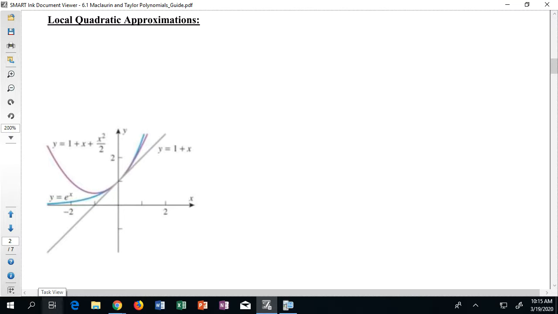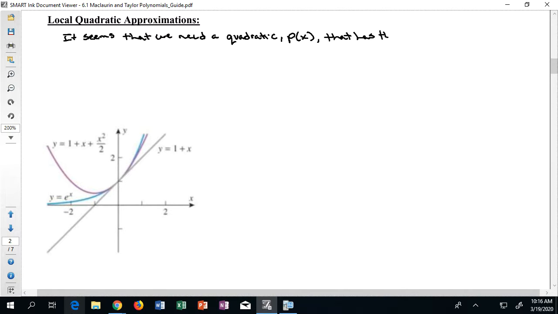So here's what I'm going to go ahead and actually write down in order to try to justify this. I'll say this. It seems that we need a quadratic, which we'll call again P of x, that has the same tangent line at x equals 0 as f of x equals e to the x.